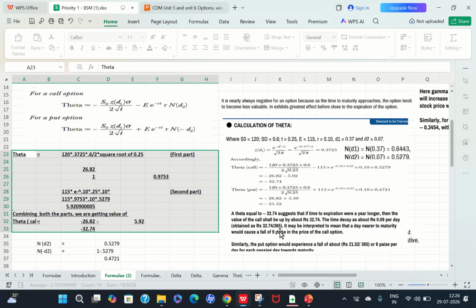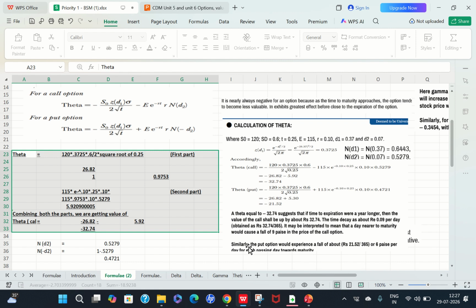So when I say theta is minus 32, what does it suggest? If time to expiration were a year longer, the value of the call would be up by about rupees 32.74. The time decay was about 0.09 per day, obtained as rupees 32.74 divided by 365.